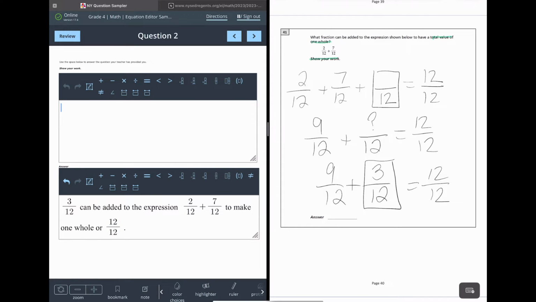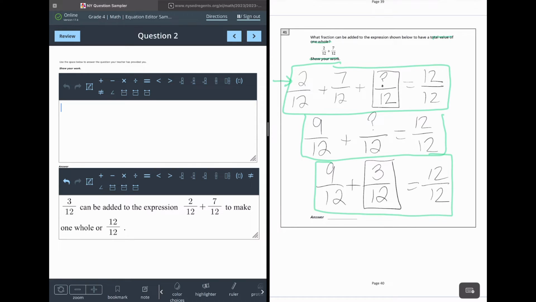So what work do I need to copy over? I'm going to copy this part. And then I'm going to copy this. So I'm going to put a question mark in here and watch what that looks like. And what else can I put in here? I can write all 3 of these sentences in there. Okay, so I'm going to just do that. Tap the little thing.